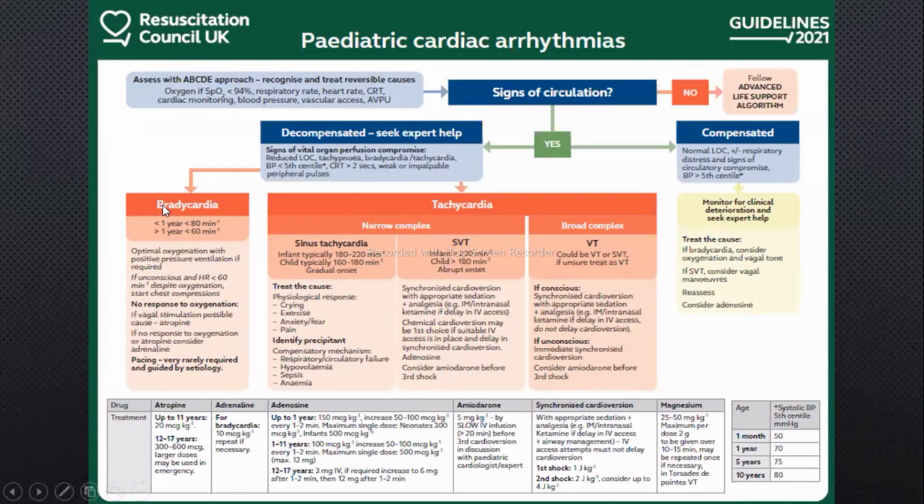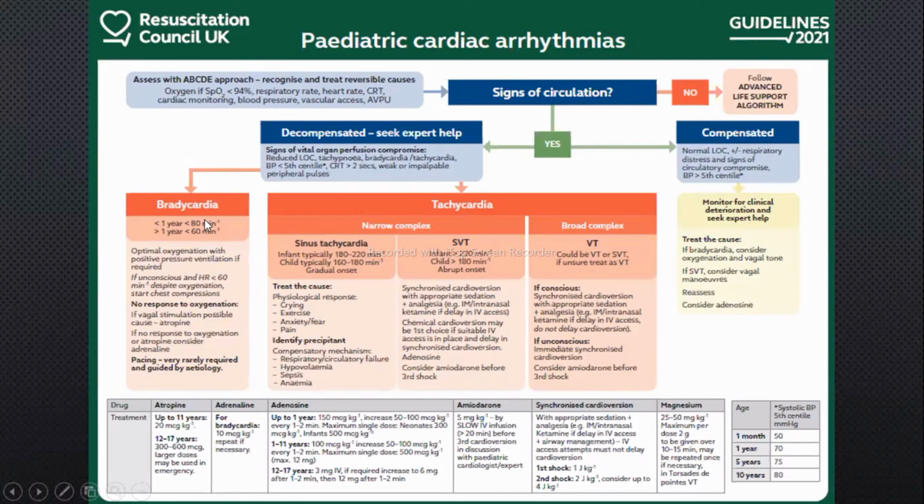So here, if the patient has bradycardia, it depends on the age. For an infant less than 1 year, the threshold is 80 per minute. For a child more than 1 year, it is 60 per minute.